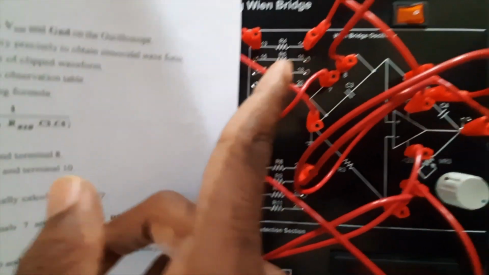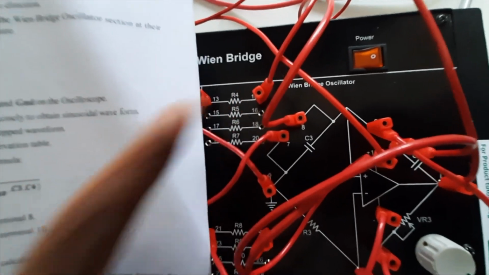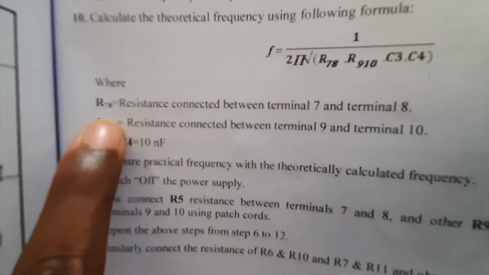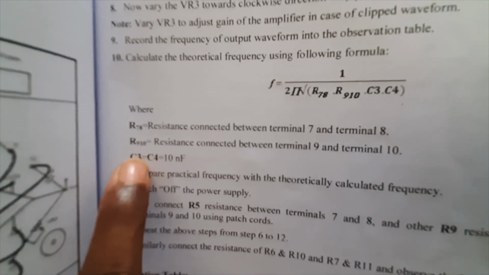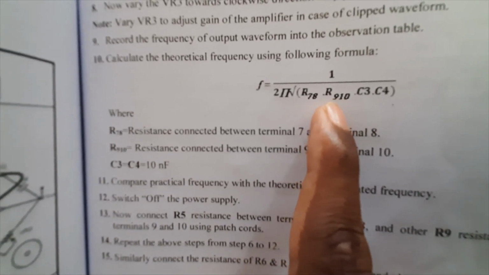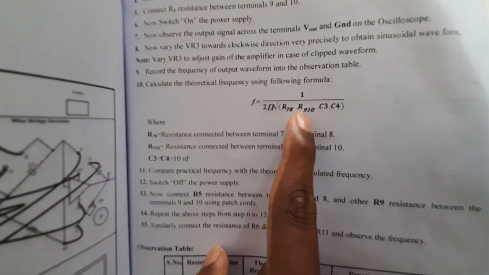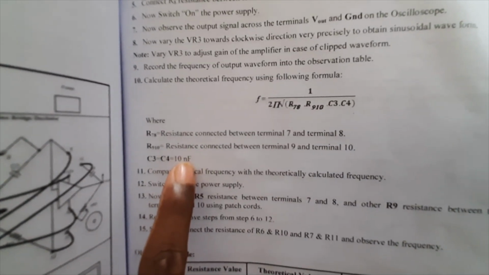Here one of the resistances is R78, because that is connected between terminals 7 and 8, that is R4, whose value, as I told you, is internally 10 kilo ohms. Similarly the second resistance R910, between terminals 9 and 10, is also 10 kilo ohms, and the capacitances are fixed capacitances of 10 nanofarads.